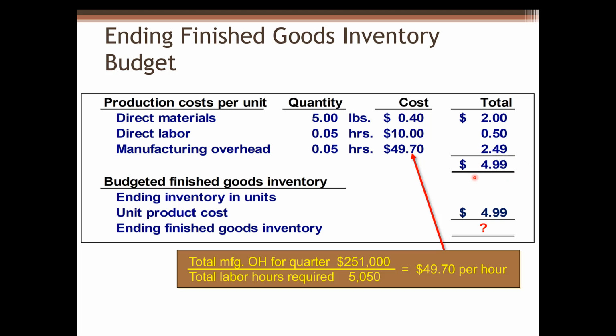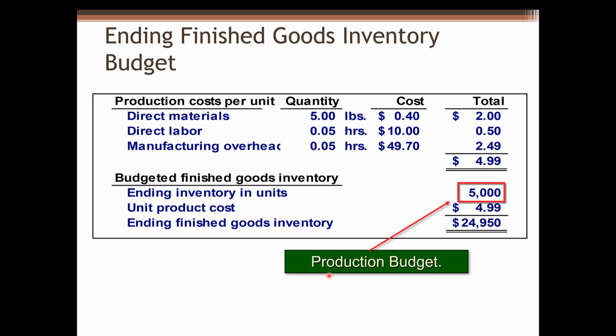Now, to get our total ending finished goods inventory, we use ending inventory in units multiplied by unit product cost. We calculated unit product cost, $4.99. For ending inventory in units, we can take a look at the production budget table.